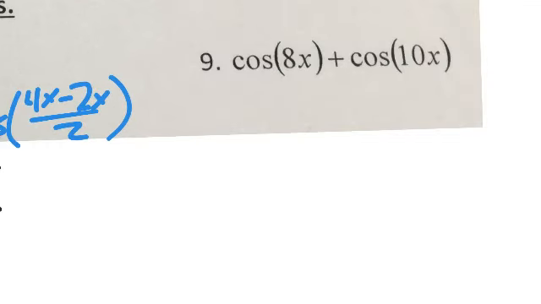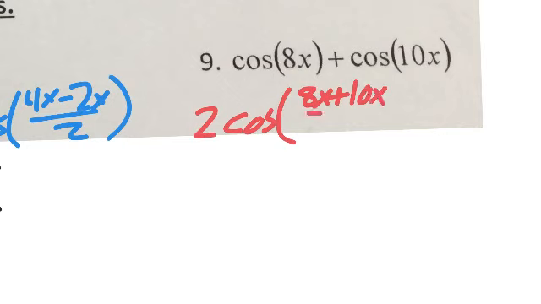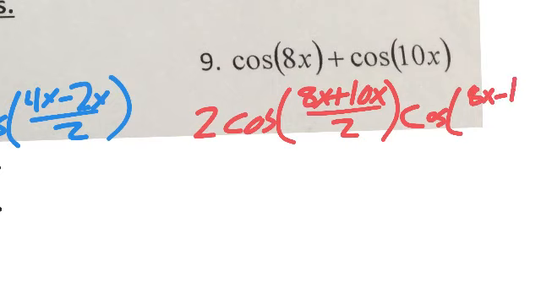Okay, and then here's number 9. We've got cosine plus cosine, so that would be the third identity. So this can be rewritten as 2 times cosine of 8x plus 10x over 2 times cosine of x minus y over 2.